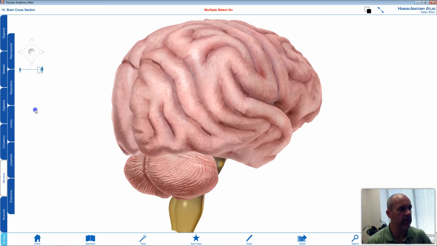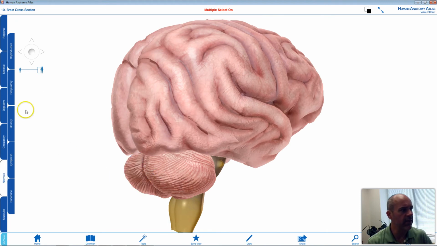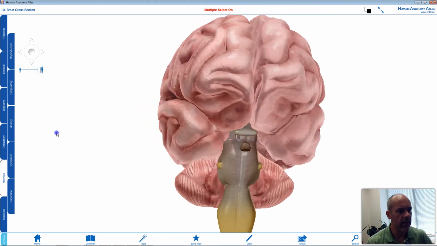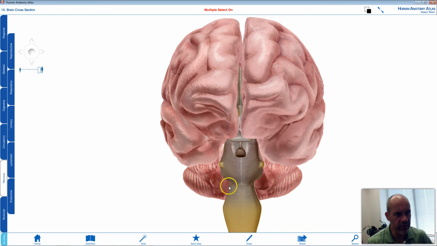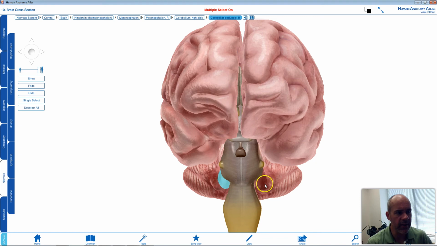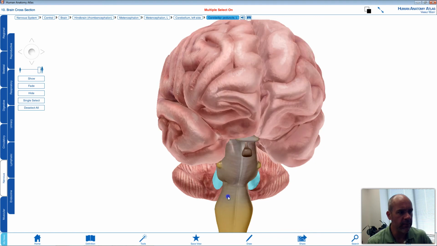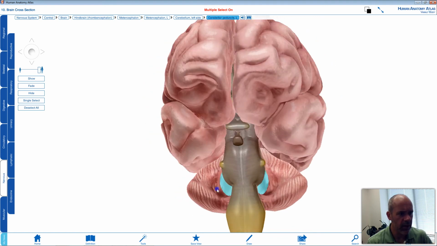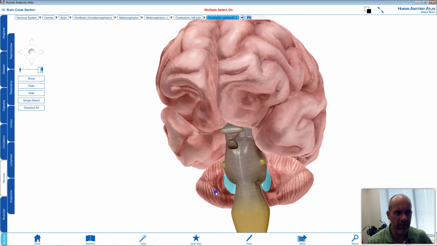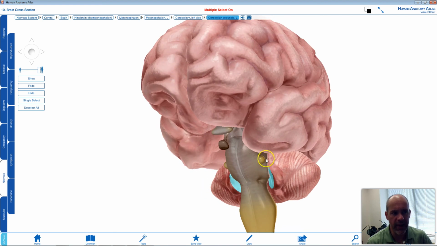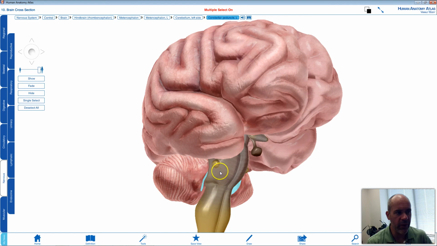Okay, let me deselect all of that. And I do want to point out to you, let me rotate this around. Okay, and here's your brain stem over in here. So we're looking at the brain from an anterior view. And if I highlight right there and right there, that's an area of the cerebellum that forms a connection with the brain stem right in here and also over in here.